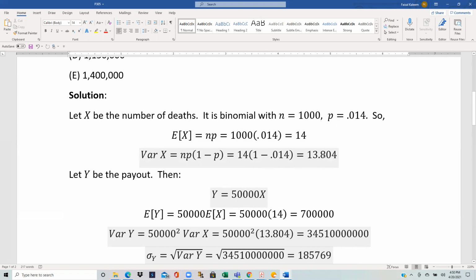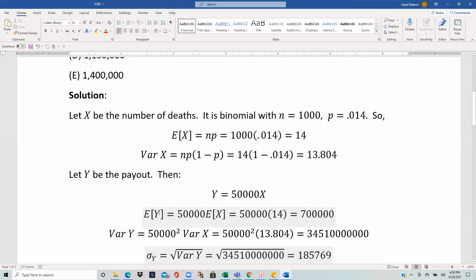Let Y be the payout, and you are paying 50,000 for each death. So since X is the number of deaths, the payout will be 50,000 X, and the expected value of Y will be 50,000 times expected value of X. Here we are using the central limit theorem, equals 50,000 times 14 equals 700,000.